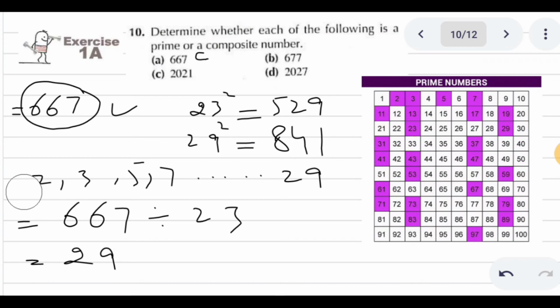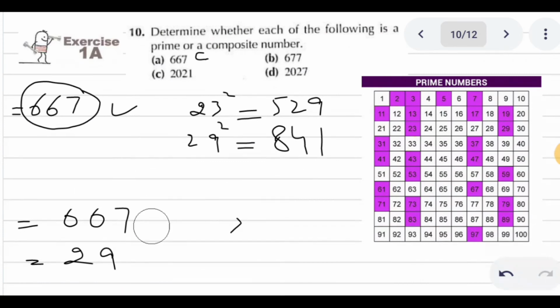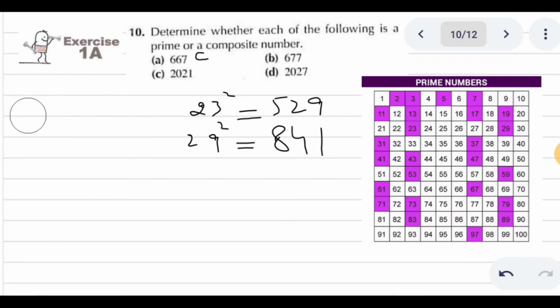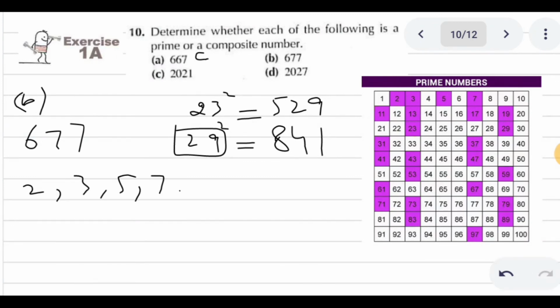Similarly, if we look at the second part, the second part is 677. Again, in this part we have to check, because it is also under the number 29. So we have to check starting from the number 2, 3, 5, 7 till the number 29.